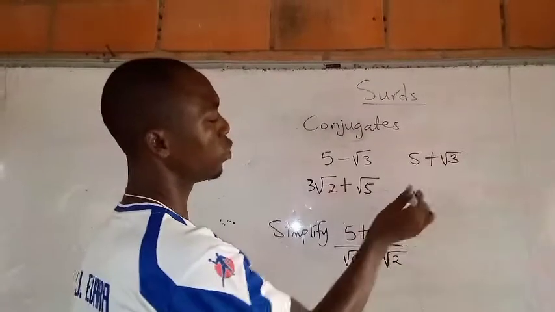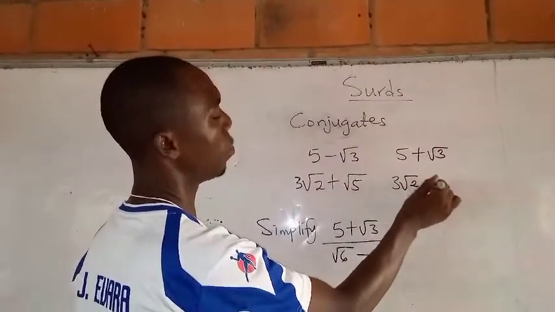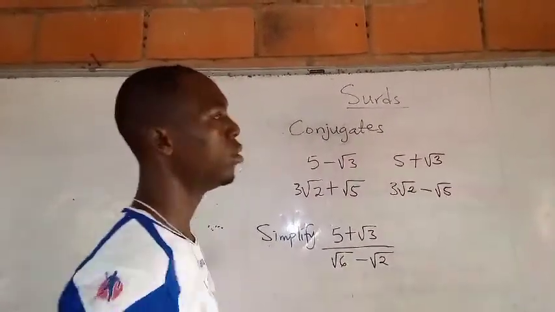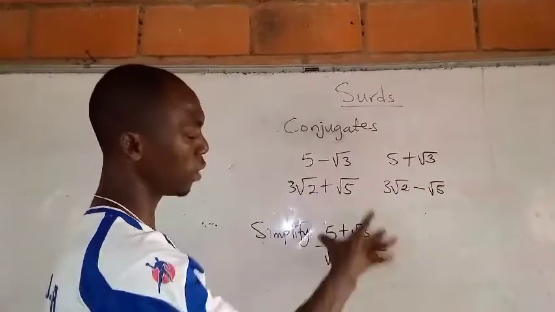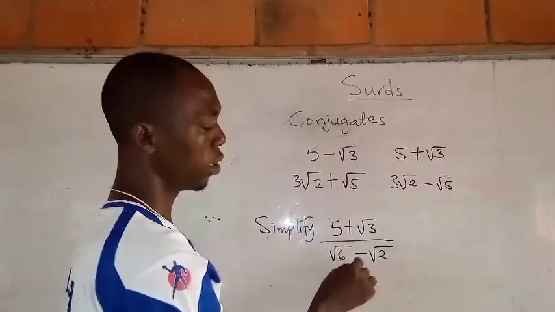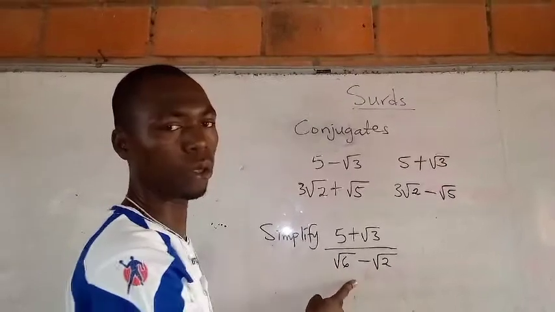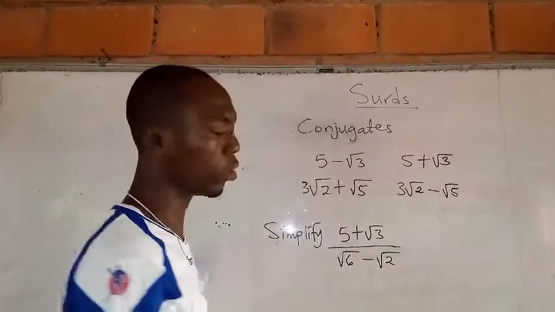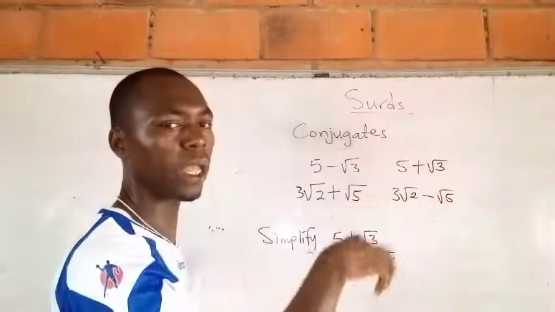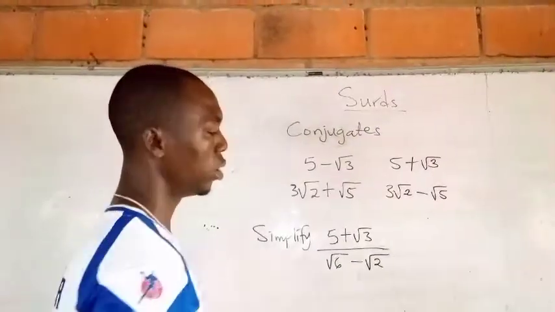And the conjugate of this one will be 3 root 2 minus root 5. So whenever we are to simplify this kind of surd with this kind of denominator, then we will use the conjugate of the denominator to multiply both numerator and denominator.